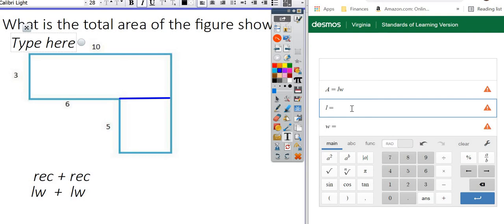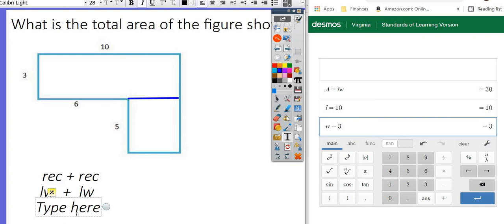So I'm going to call the length 10, and the width 3. That gives me 30. That tells me that the area of the first rectangle is 30. So let me type that in down here. We've got 30, and then I'm going to put a plus, and then we'll find the next one.